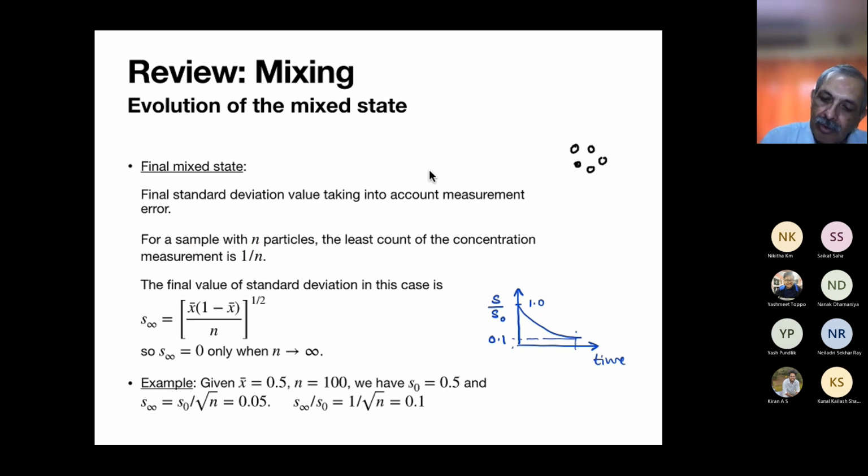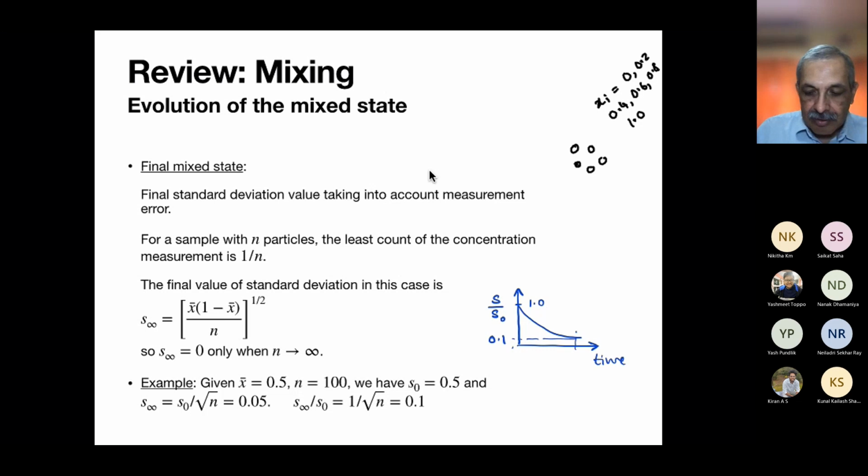then, your values of xi can only be 0, 0.2, 0.4, 0.6, 0.8, and 1.0. So the least count is 0.2. Because there are only 5 particles, so you can't get a better resolution of xi.